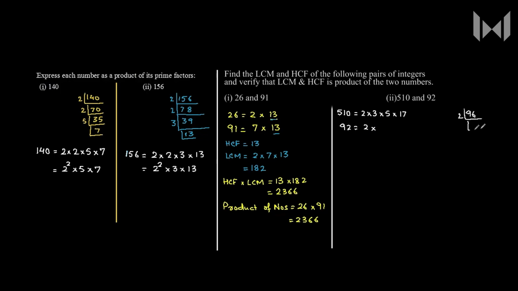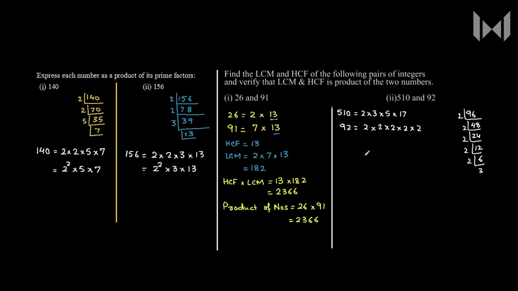Now in a similar way, 92 is equal to 2 into... let us work it out... 248, 224, 212, 26, 23. So it is 2 into 2 into 2 into 2 into 2 into 3... Oh, it's 91.